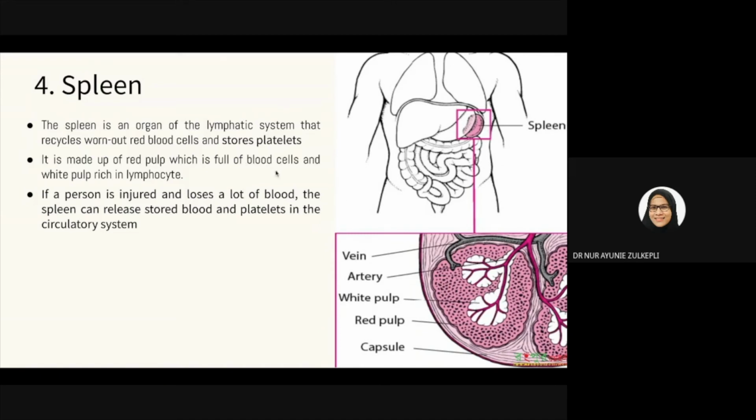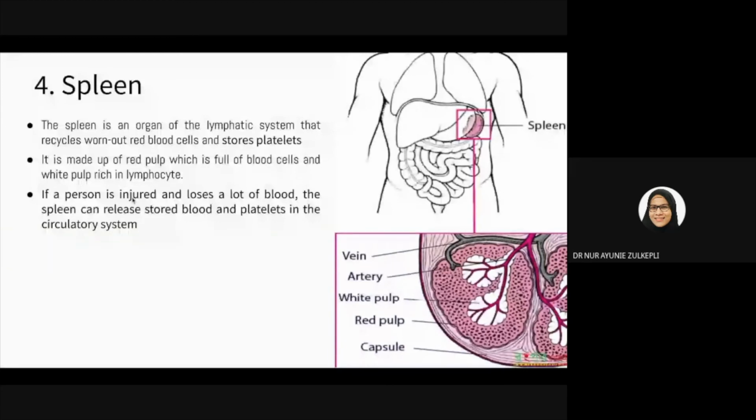It is made of red pulp, which is full of blood cells, and white pulp, which holds the lymphocytes. So here, the red pulp is full of red blood cells, and the white pulp stores the platelets and lymphocytes.